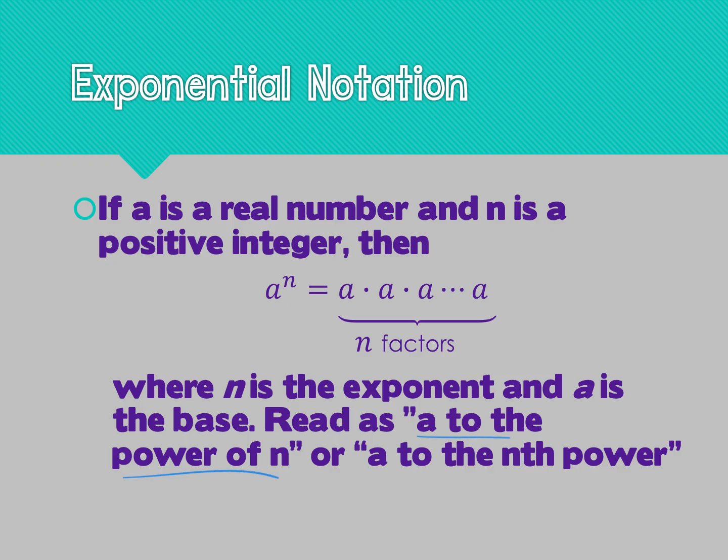I can say a to the nth power is the same as a times itself n times. We call a the base, and n the exponent. That n is just telling you how many times to multiply a by itself. So these are things that you may have seen before.